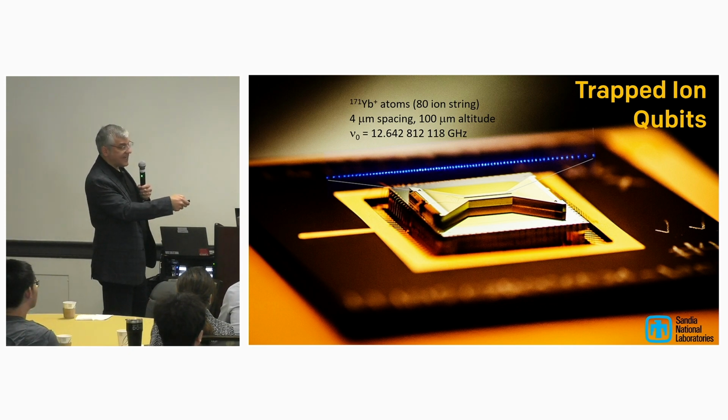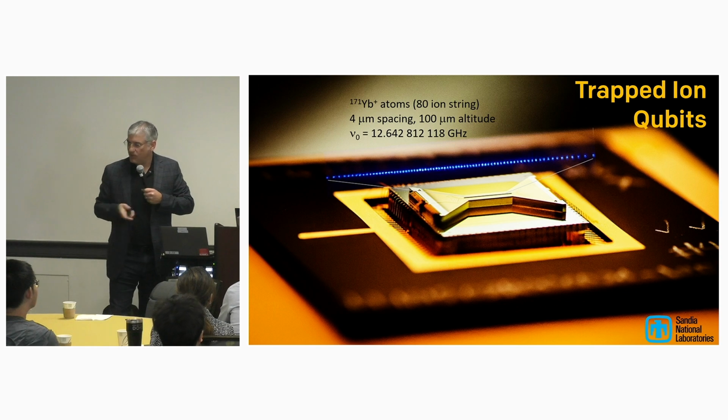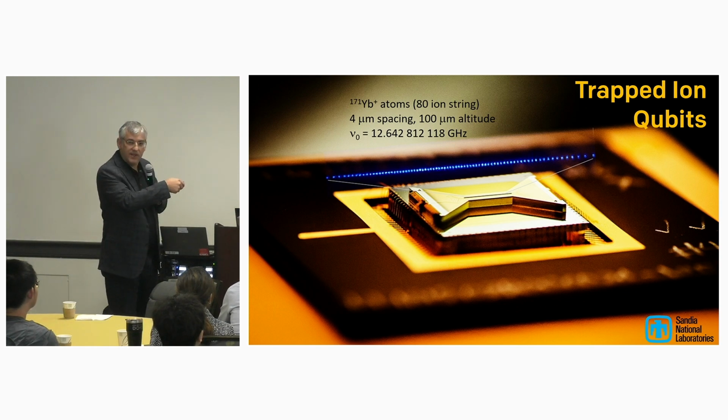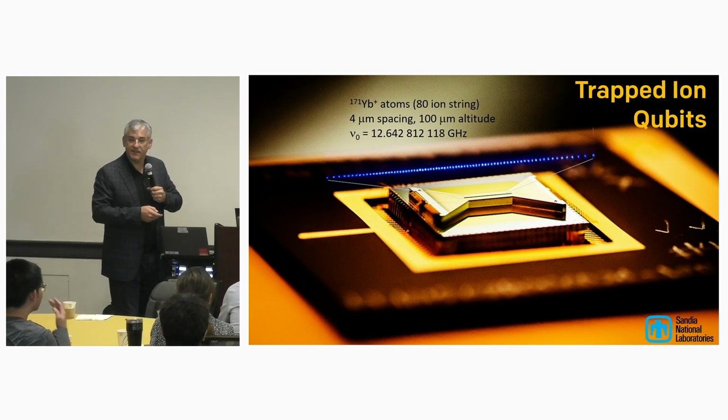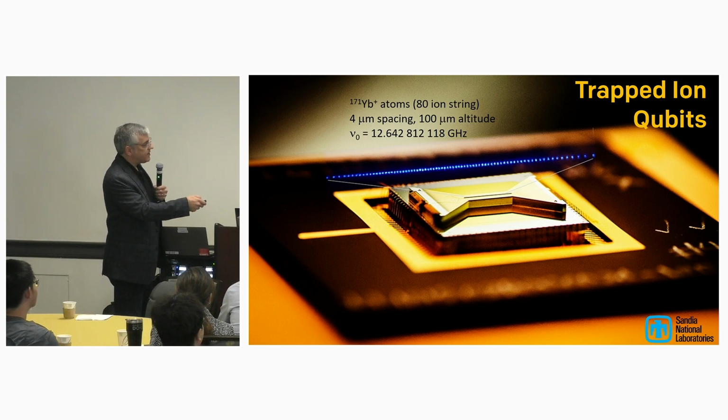What's odd about seeing individual atoms, I guess these days it's old hat, is that there's nothing else here. This is all done in a vacuum chamber, so there's no air around. There's no surface, there's no solid. These things are just floating in free space from these electric fields. The altitude is 1/10 of a millimeter. The spacing is a few microns, clearly optically resolvable.